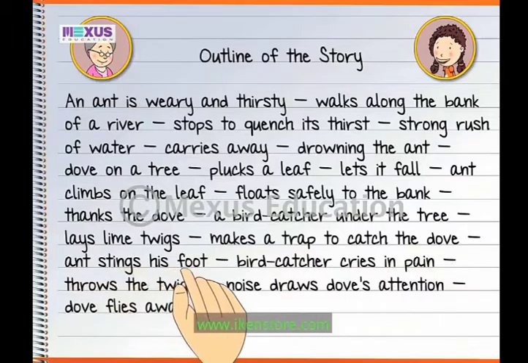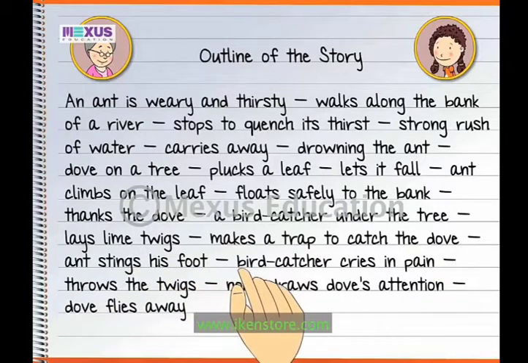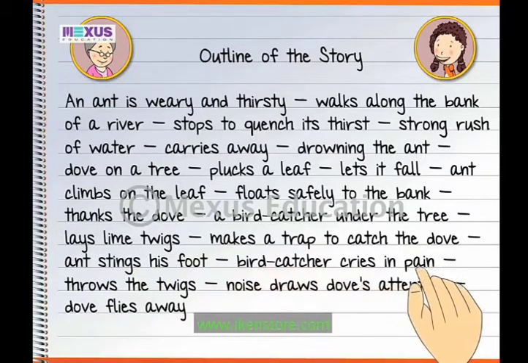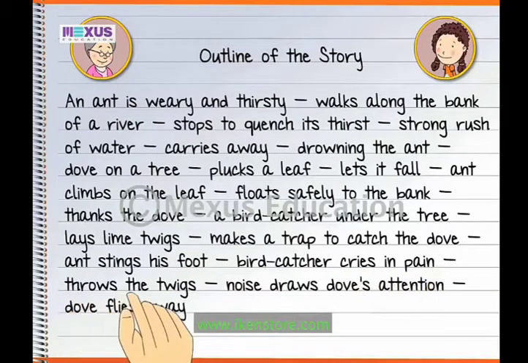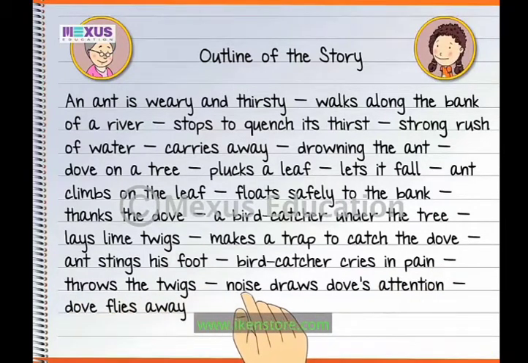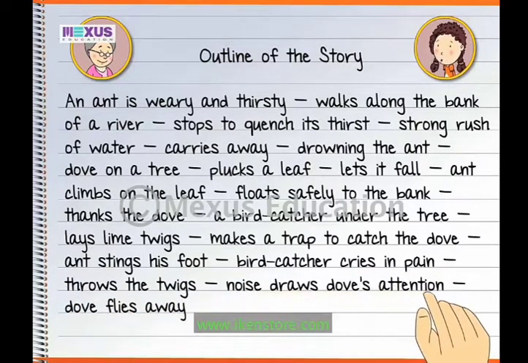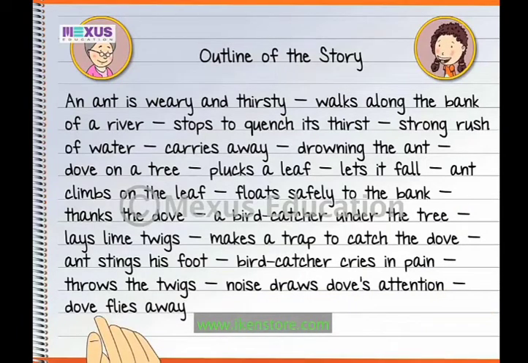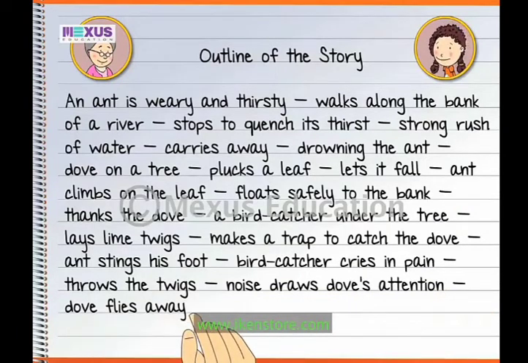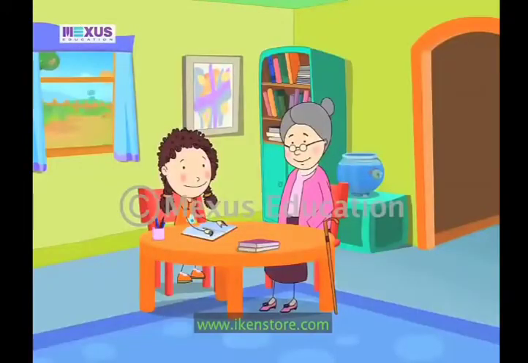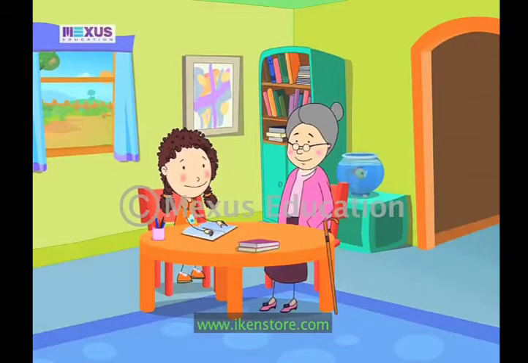Ant stings his foot. Bird catcher cries in pain, throws the twigs. Noise draws dove's attention. Dove flies away. Zizi, after reading this outline, we have a fair idea what this story is about.